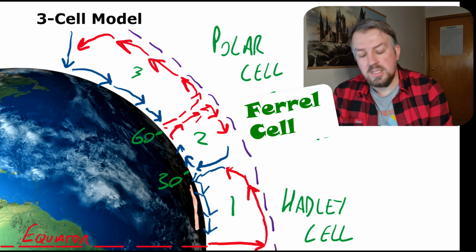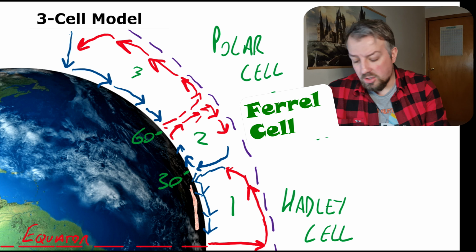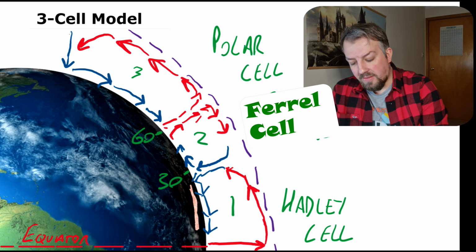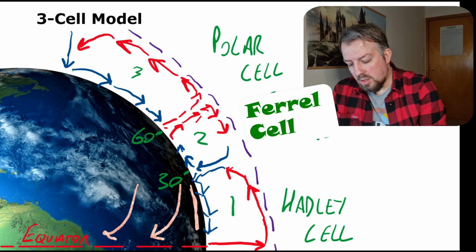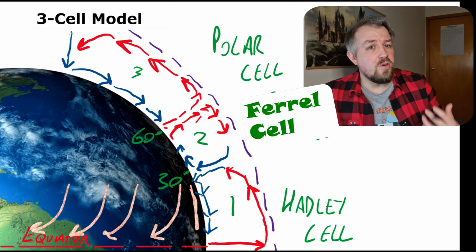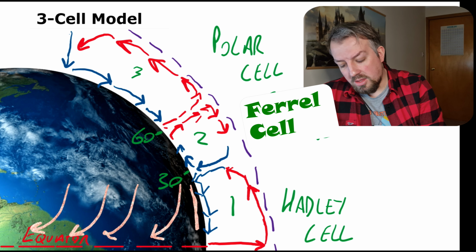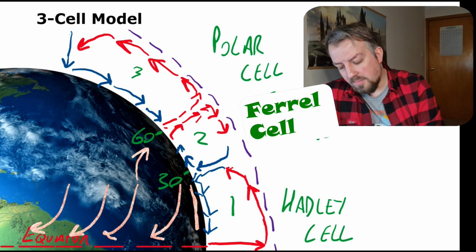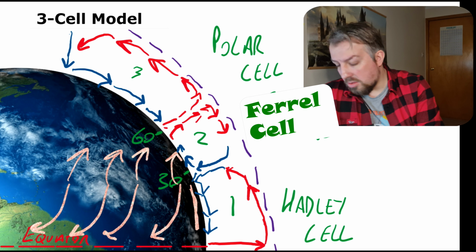So between this 30 degrees north and the equator, our winds are actually deflected that way. So the winds in the northern hemisphere are deflected to the right. Between the 30 and 60, the winds are deflected that way. And then as they're coming south, they're deflected that way.